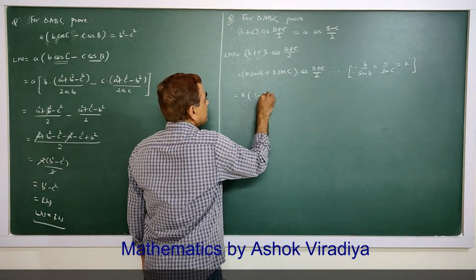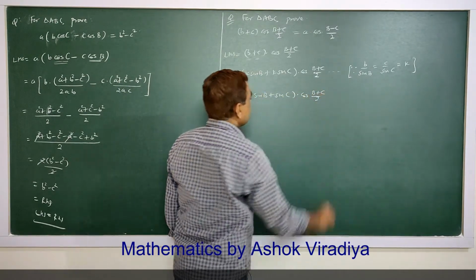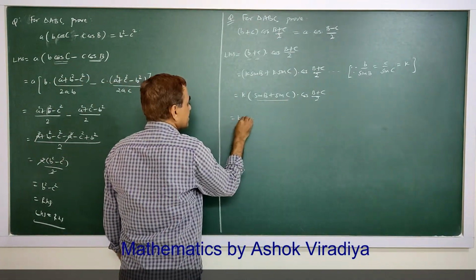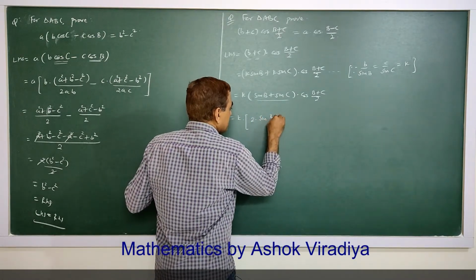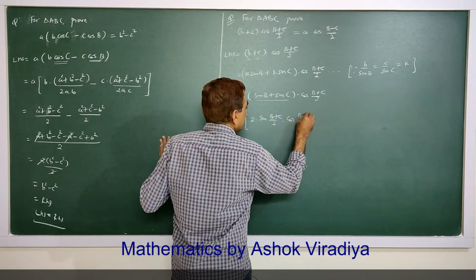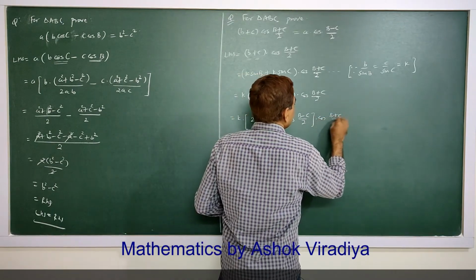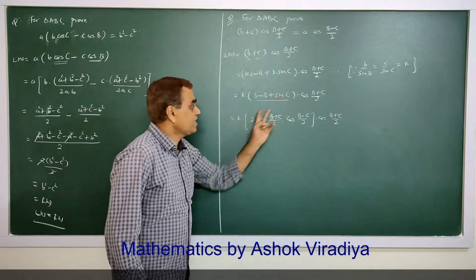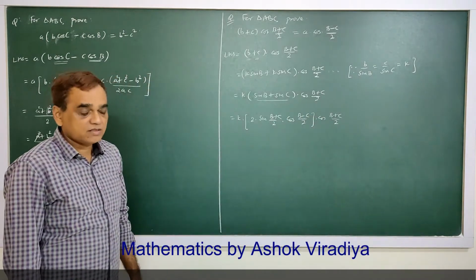So (sin B + sin C) into cos((B + C)/2). Now here the formula: sin B + sin C is 2 into sin((B + C)/2) into cos((B − C)/2), into cos((B + C)/2). Sin B + sin C is 2 sin((B + C)/2) cos((B − C)/2), and this term we keep as it is.